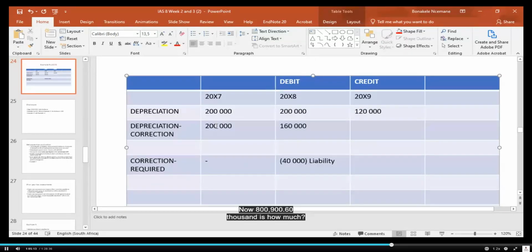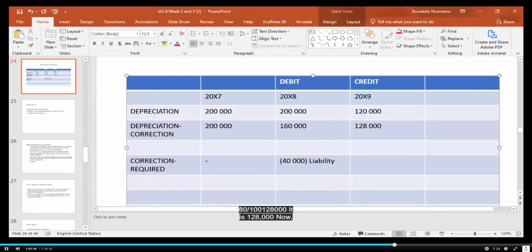Now 800,000 minus 160,000 is how much? 640,000. And what is 640 times 20 divided by 100? 128,000.